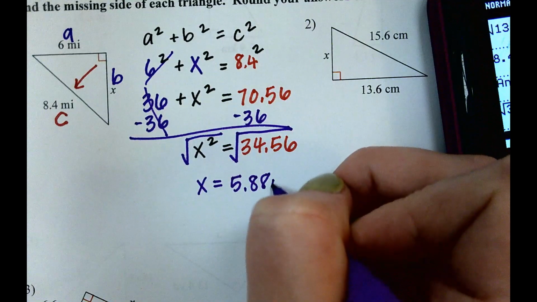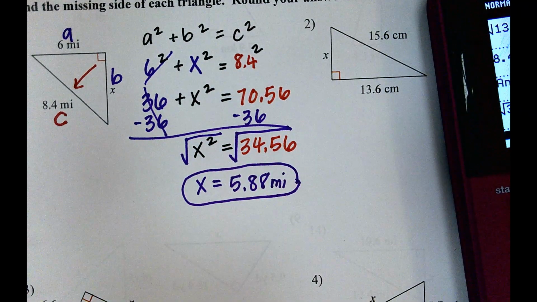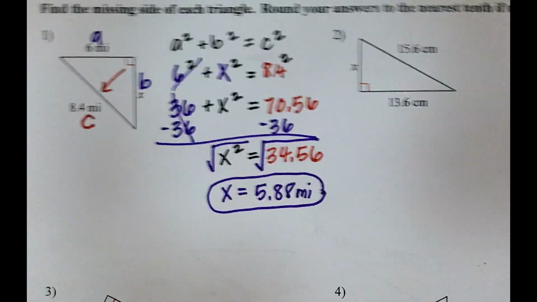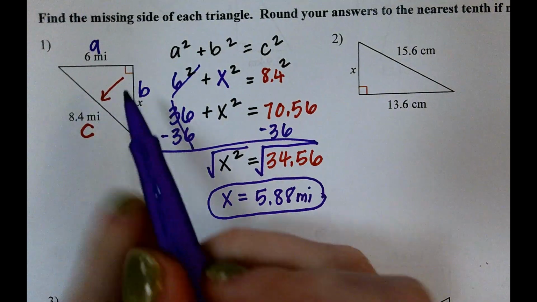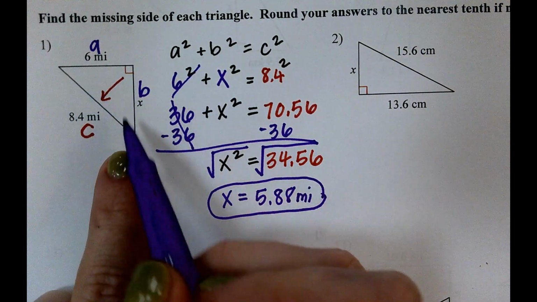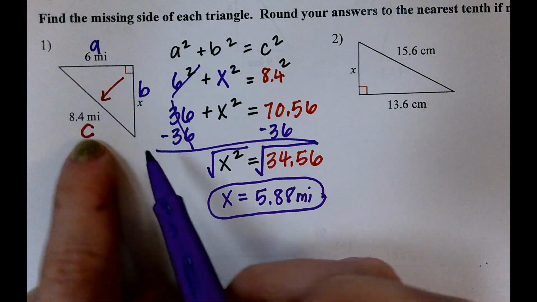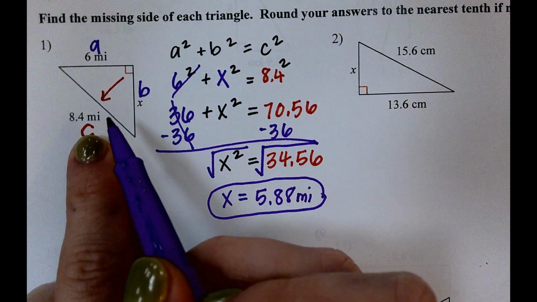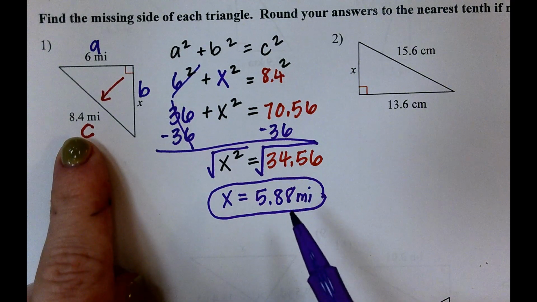So we'll put the units in our answer. That's number 1. And a good way to make sure that your answer makes sense is, if I'm finding the length of a leg, it has to be shorter than the hypotenuse. So if I got like 9 or something, I would know I did something wrong.